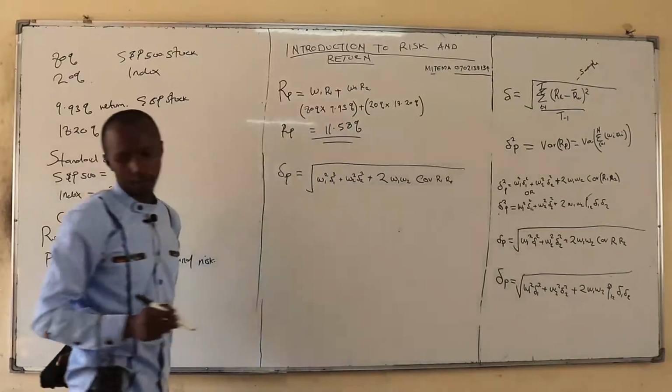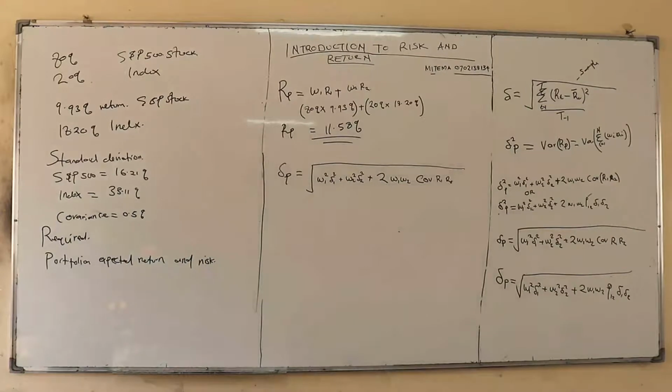From here, we have everything that we need to substitute into this formula, because they gave us a covariance of 0.5%.